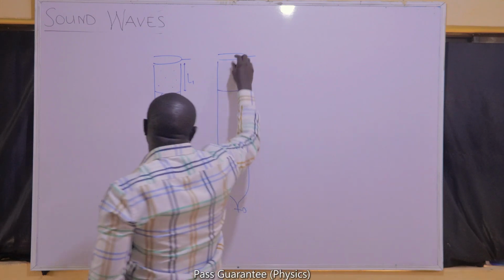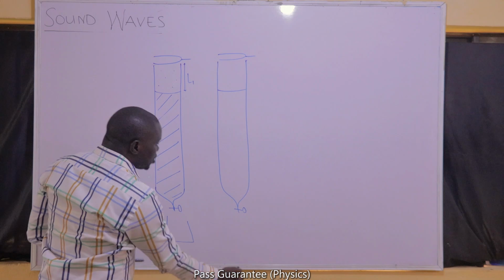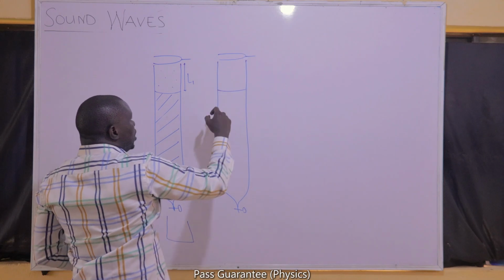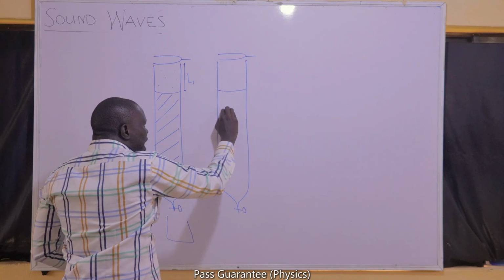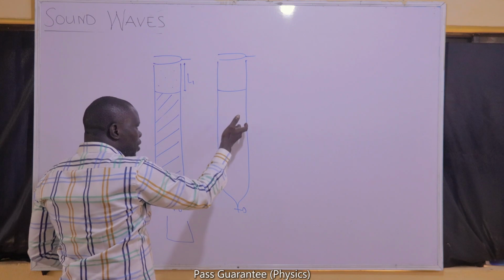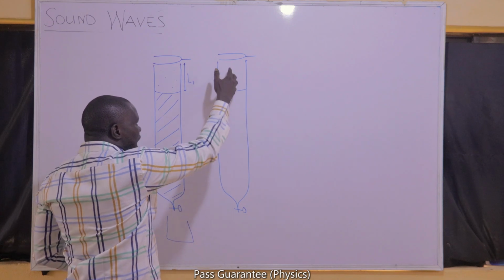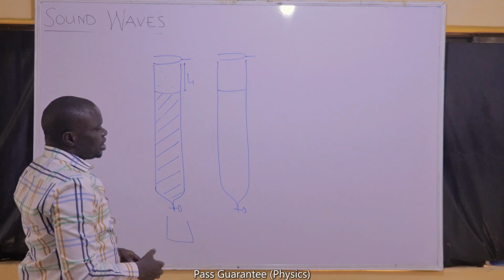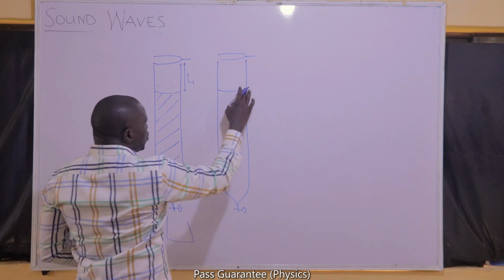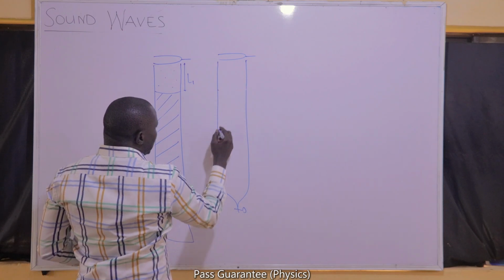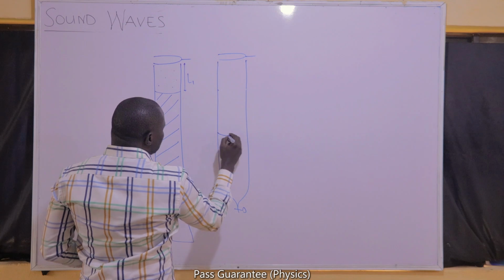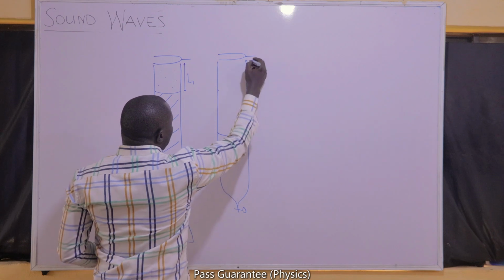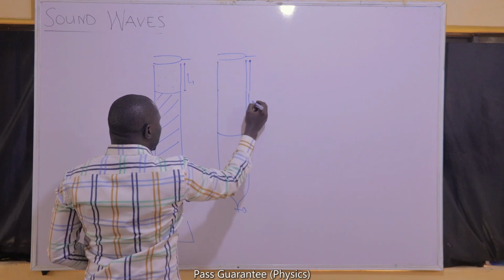If you take out this tuning fork and hit it on the wall, then you return. As you run out water, you will get to another point where you have a quantity of air that will resonate again with the fork. Let us assume that was obtained at this point. Let us pick our ruler and measure it as L2.